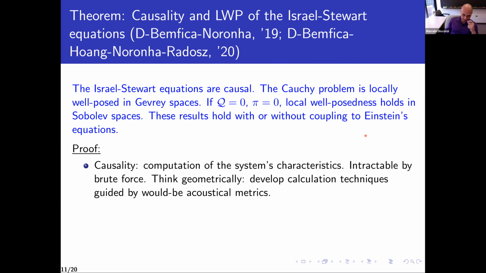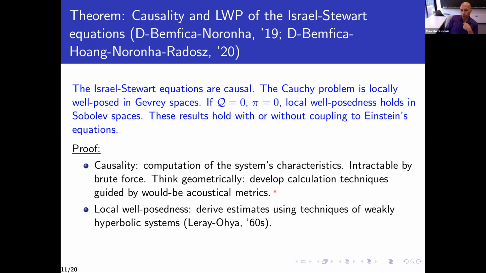So what we had to do, we had to think a little bit more geometrically. We have to develop some calculation techniques which are guided by this concept of acoustical metrics that appear in the case of an ideal fluid. And notice that I put plural here, metrics. That's because this is a system with multiple characteristic speeds. So there is going to be more than one metric associated with it.